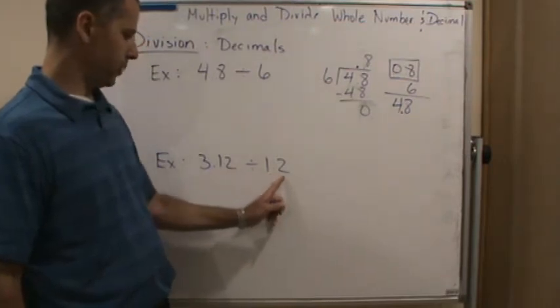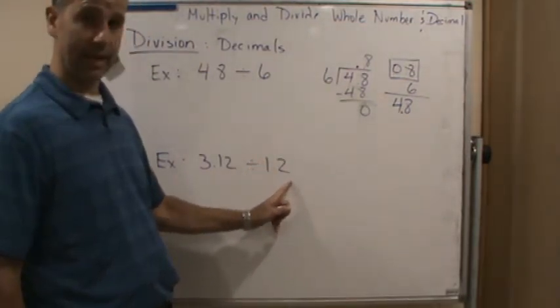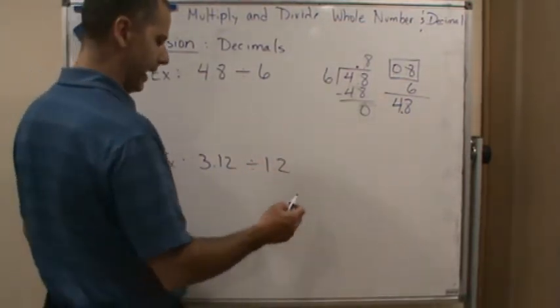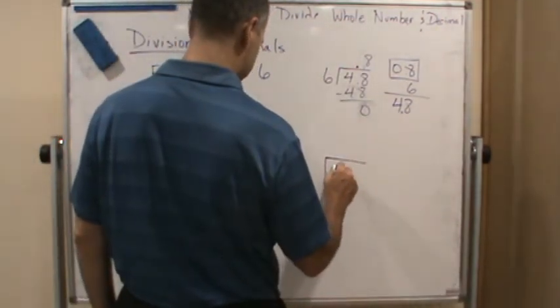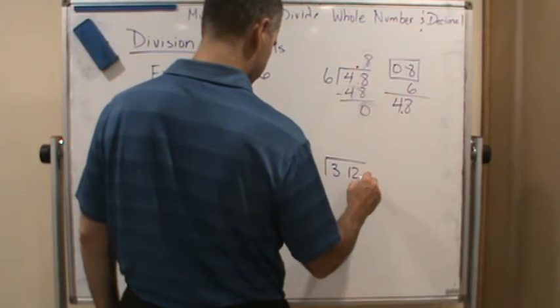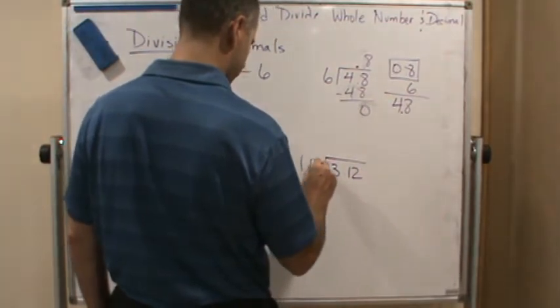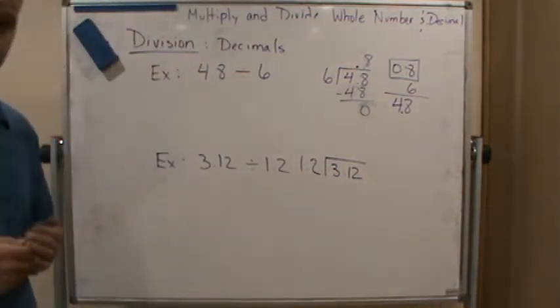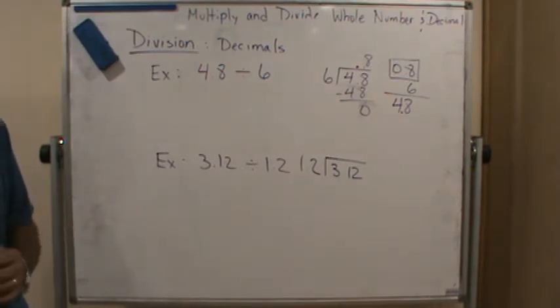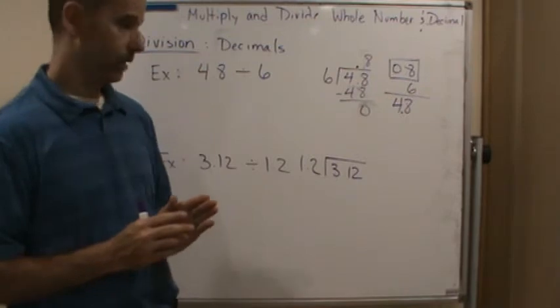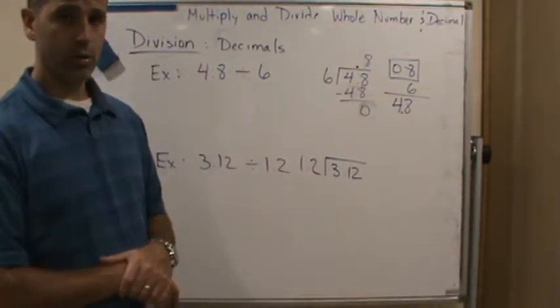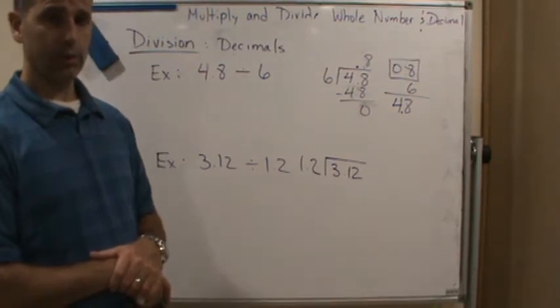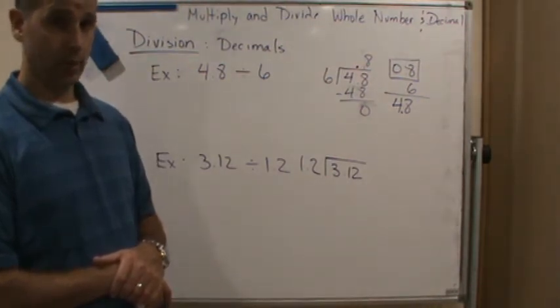Now what about this one here? 312 divided by 1.2. So now the divisor has a decimal in it. How would we handle that? Well, this is what we do. In this case, the easiest way to do this is to move the decimal point over to the left, or excuse me, to the right, 1 decimal place.